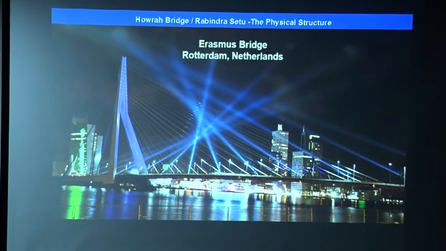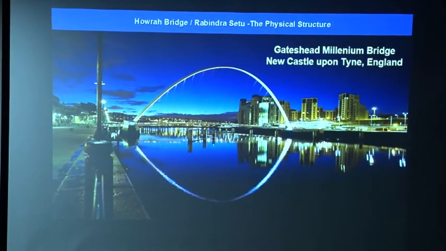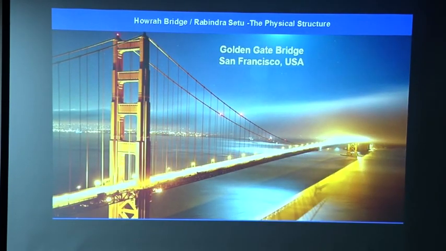Erasmus Bridge, Rotterdam. One of the countries that I love is the Netherlands. All below sea level. Now this is the work of a Spanish architect. What is the name? Calatrava. Oh, I love his work. Next is the Gateshead Millennium Bridge, Newcastle upon Tyne in England. This is golden.